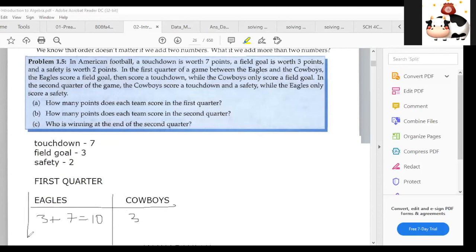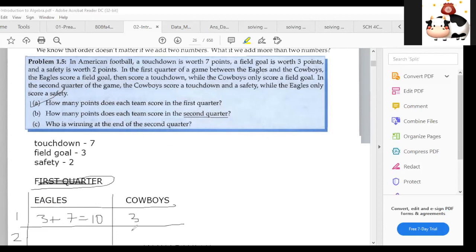I'm gonna call this first quarter, now I'm gonna do second quarter, okay? So we already answered A. How many points does each team score in the first quarter? We did that. Now in the second quarter of the game, the Cowboys score a touchdown and a safety. How many points is that?